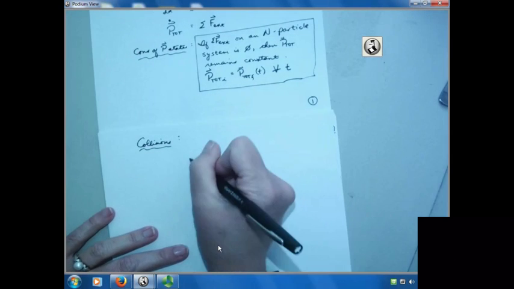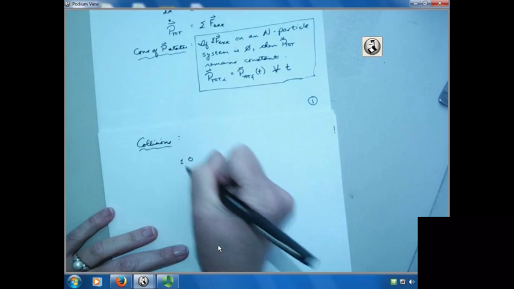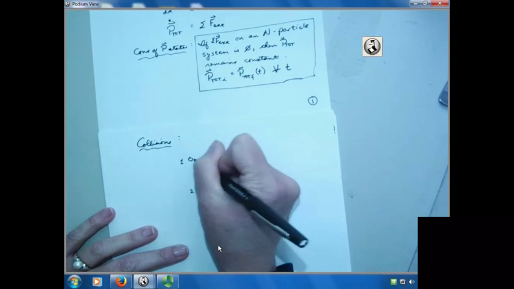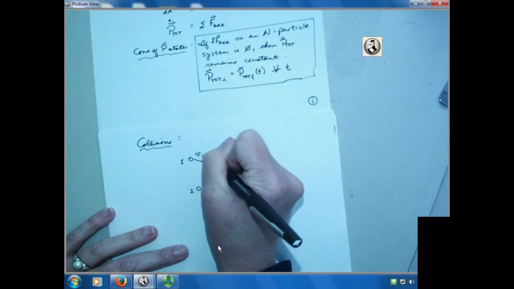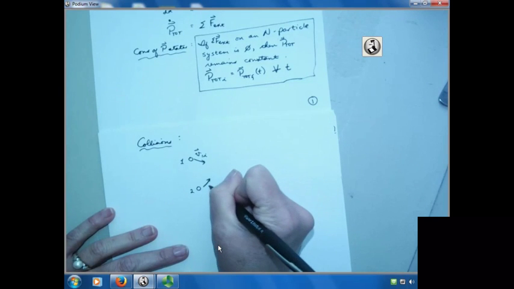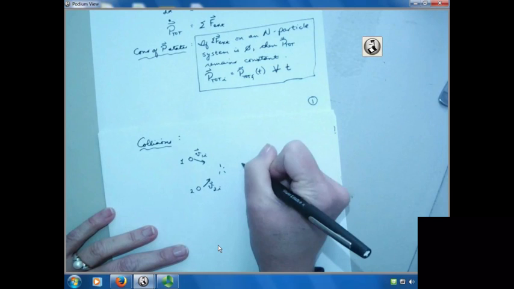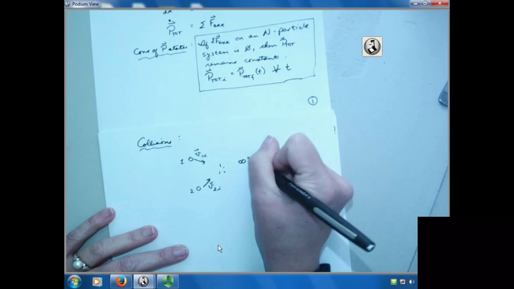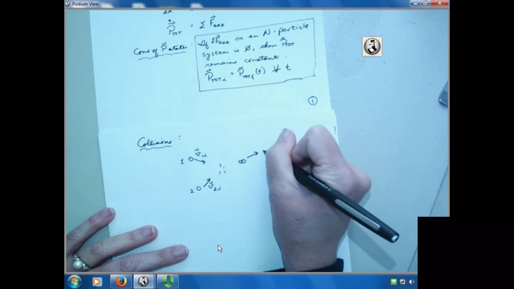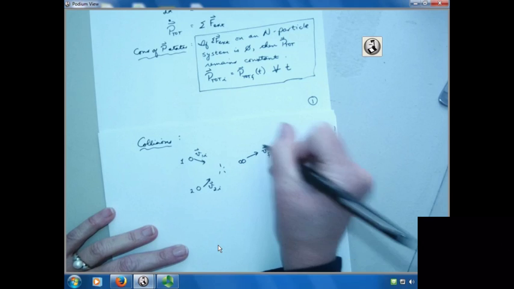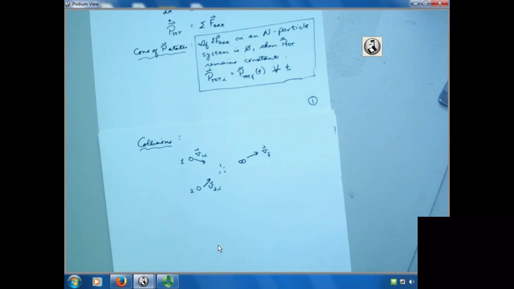But nonetheless, let's say that I have object 1, object 2, v1 initial, v2 initial. They happen to strike and stick together and take off at some final velocity stuck together. We call that a perfectly inelastic collision. That's the one that minimizes final kinetic energy.